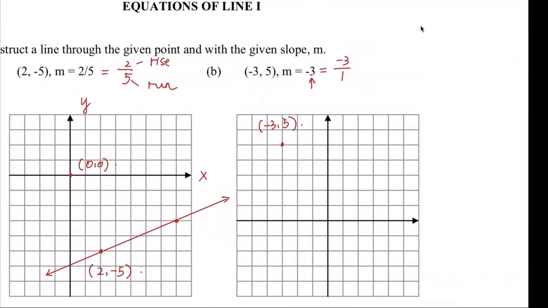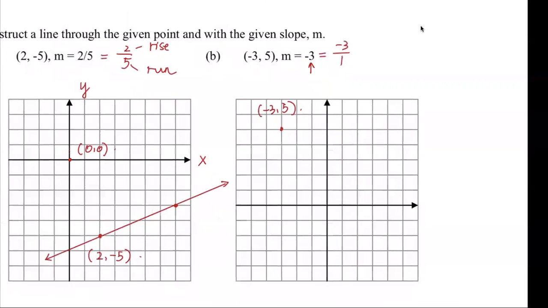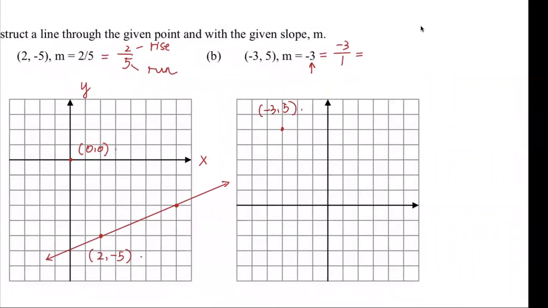There are different ways of writing -3, right? You can write this as 3 over -1. You can even write it as -6 over 2 or 6 over -2. It doesn't matter which fraction you choose, as long as the number is equal to -3.